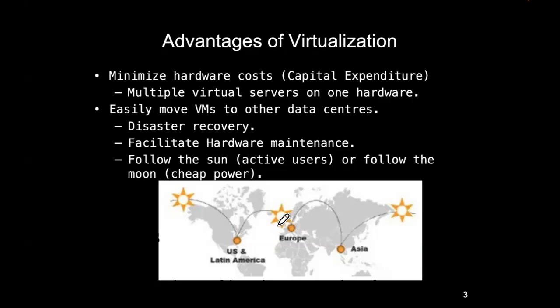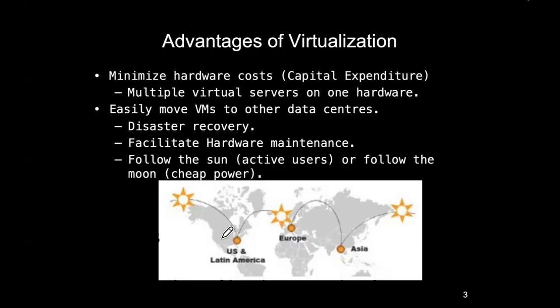Your user base for the application, the actual end users, if it's daylight time in the US, it's probably nighttime at the other end of the globe. So you don't actually need to have a VM running the application. It only needs to be running wherever daylight is current.